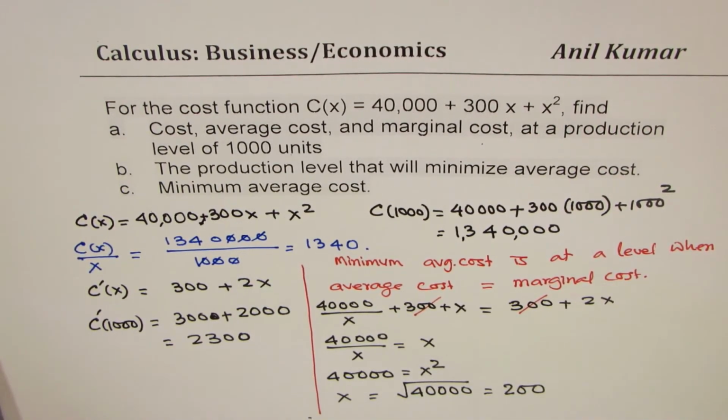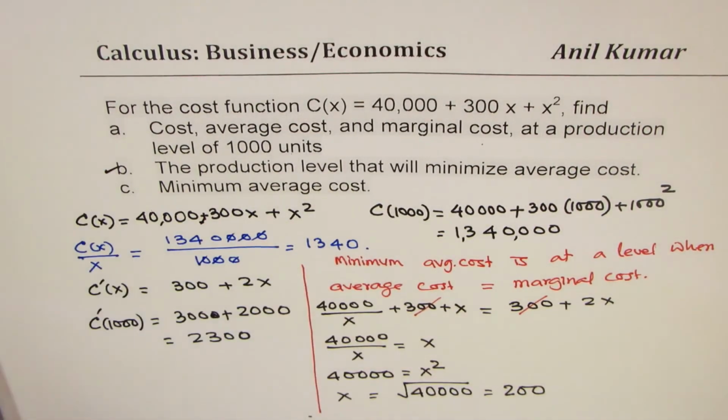X is the number of items being produced, so it is not in dollars. When you produce 200 items, the average cost is equal to marginal cost, and that is the minimum average cost for production, correct? So that is your answer B.